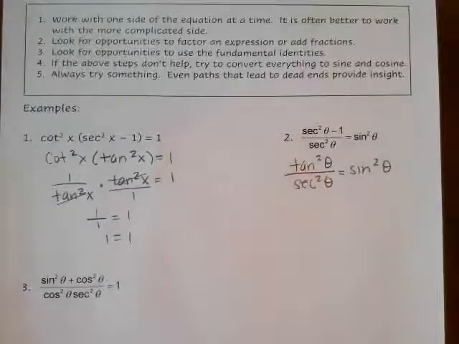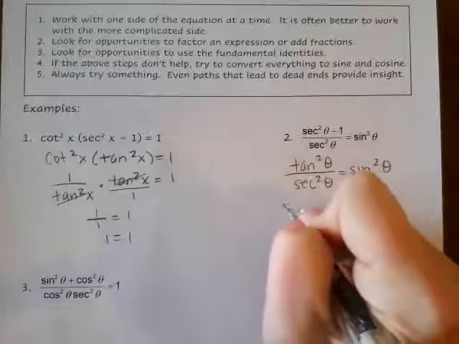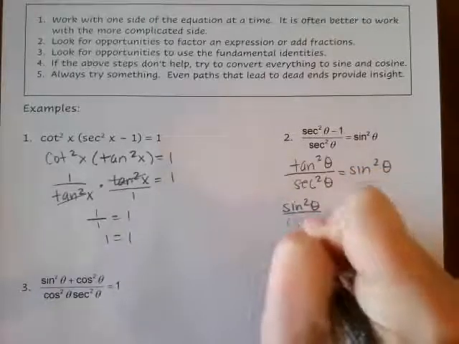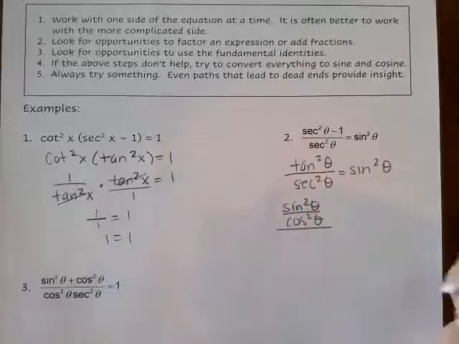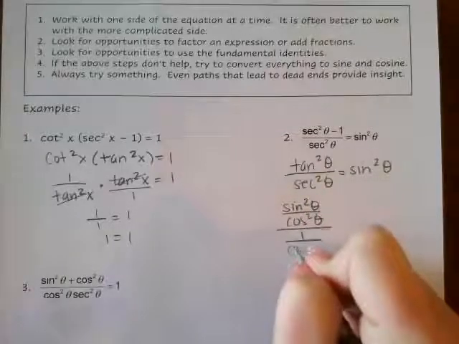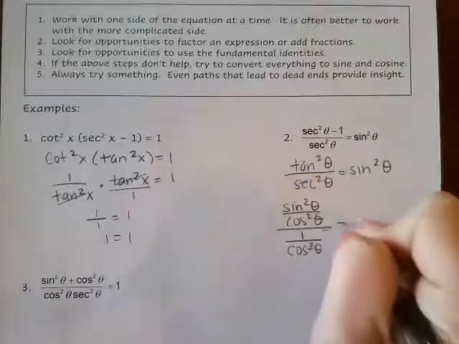Now, at this point, I'm going to go ahead and convert it. The tangent squared of theta with my quotient identity is sine squared of theta over cosine squared of theta. And secant squared of theta is one of my reciprocal ones. So I'm going to go ahead and convert that to 1 over the cosine squared of theta.